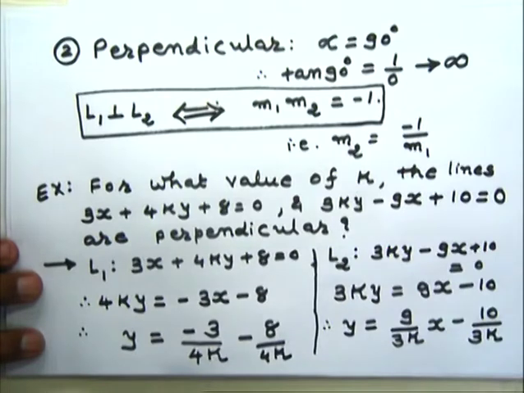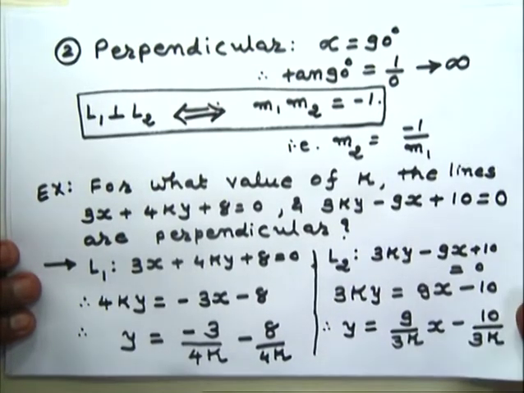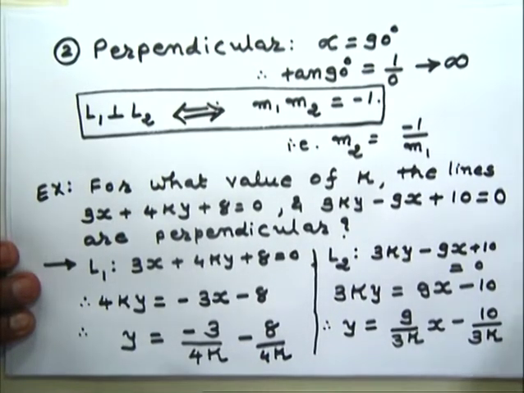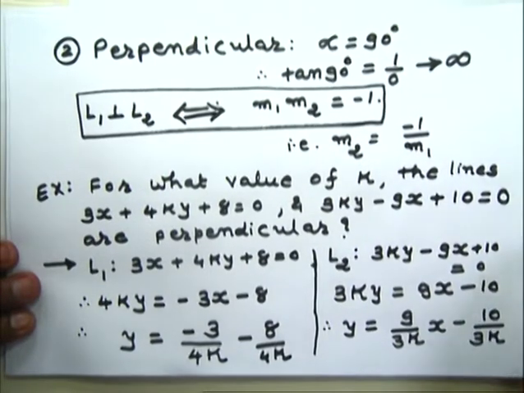So what we have done over here is that we have represented the lines in the standard form y is equal to mx plus c. And let us compare these last two equations with y is equal to mx plus c.